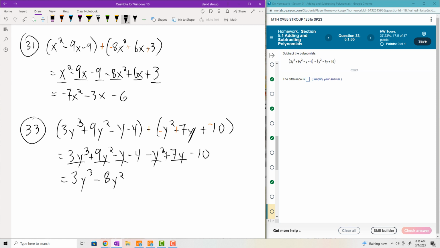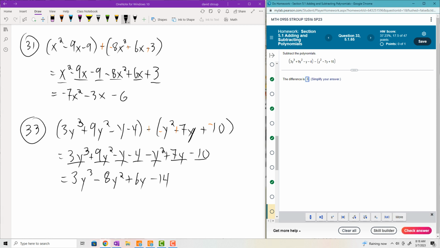Then there's the minus y plus 7y's, that would be plus 6y. Minus 4 minus 10 is minus 14. So 3y cubed minus 8y squared, and I did a double negative, plus 6y, and then minus 14.